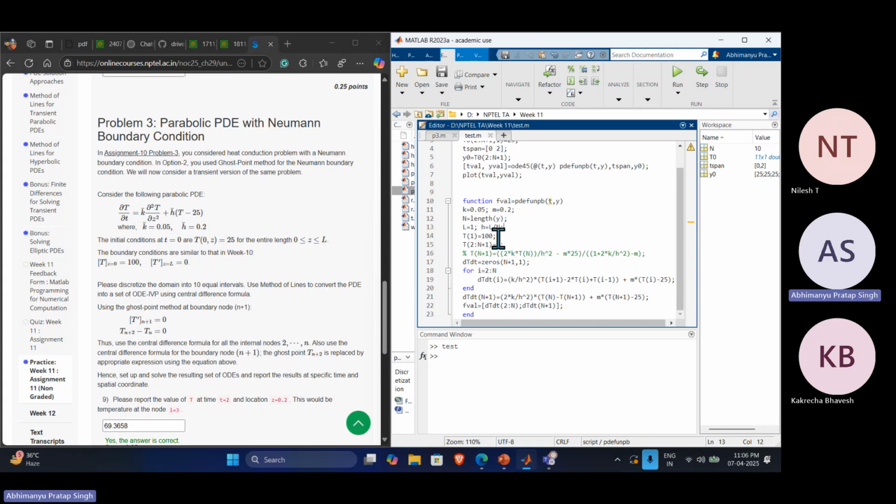h is n by n, T 100. And why is it giving a different answer?